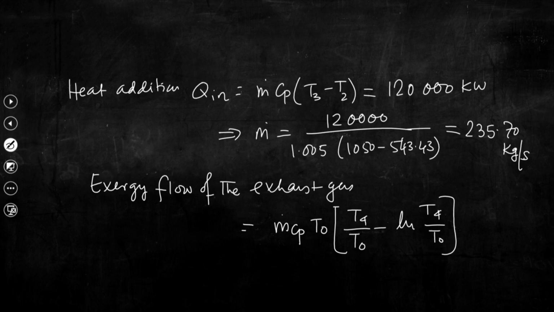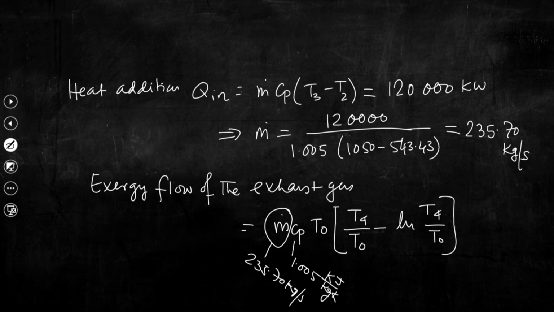Here we have already calculated the mass flow rate, 235.70 kg per second, and we know Cp, 1.005 kilojoule per kg Kelvin.